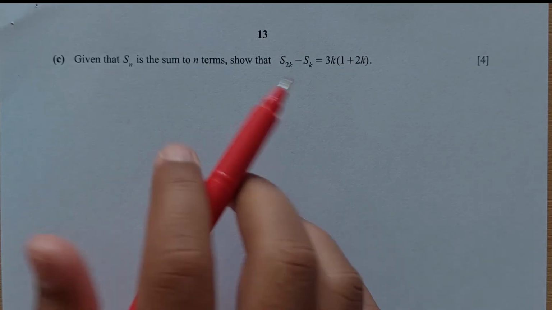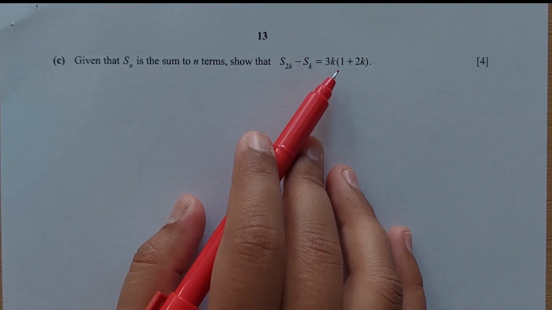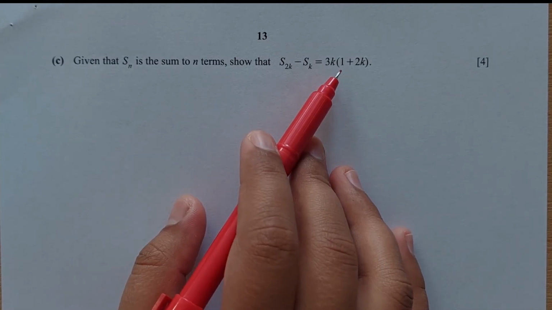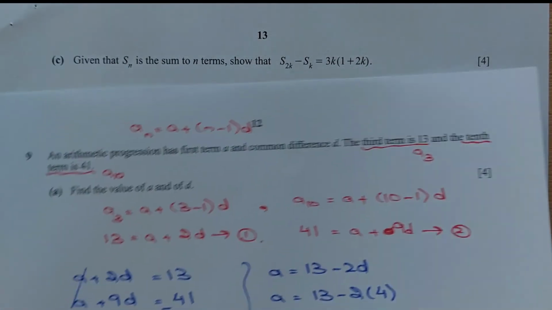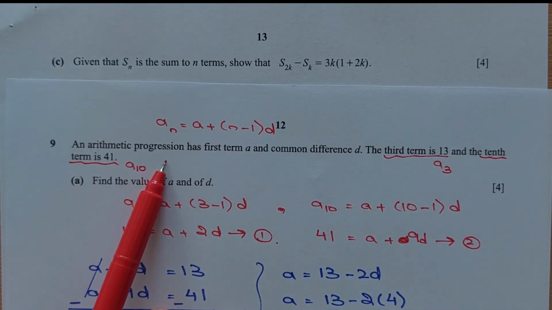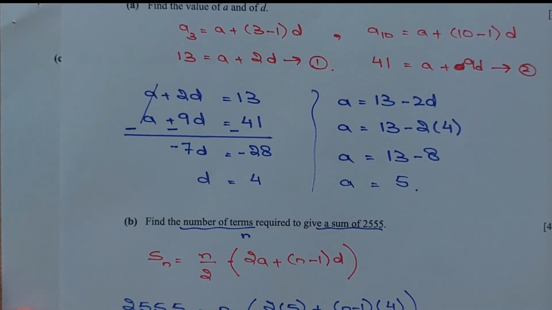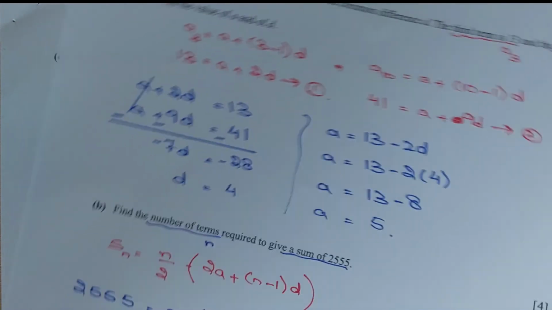Now for part C, given that Sn is the sum to n terms, show that S2k minus Sk equals 3k into 1 plus 2k. Okay, so we already know that this question is the same arithmetic progression, and the a and d terms we got from the first part are 5 and 4, right?